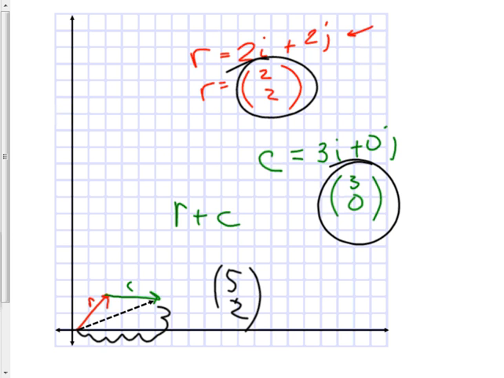Now, let's see if you can do another one without even having to draw the picture of it. What do you think 3R minus C would be? Drawing that picture would be a pain, but I can make 3R minus C happen in seconds by just going, well, we've got it already.